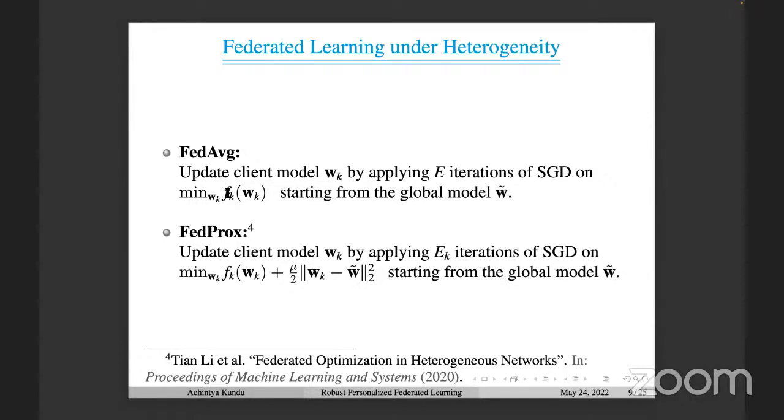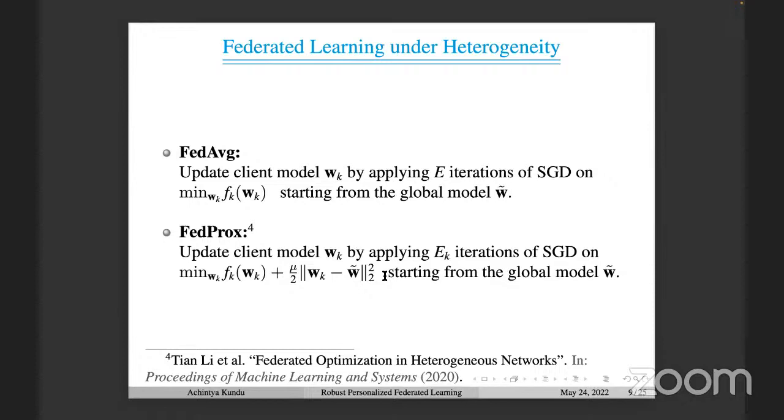So instead of doing that, the FedProx approach proposed something very standard in machine learning, which is that you regularize the client's local data set objective by the global model that is given by the server. So if you see, this optimization objective looks like this: you want to find a model which minimizes your loss on your particular data set K, but you also want to be very close to the global model that was sent by the server.